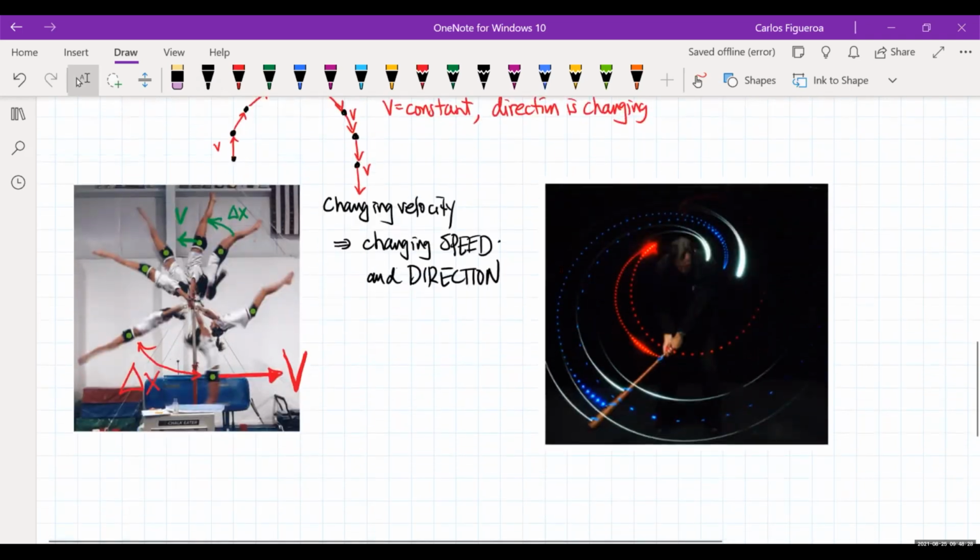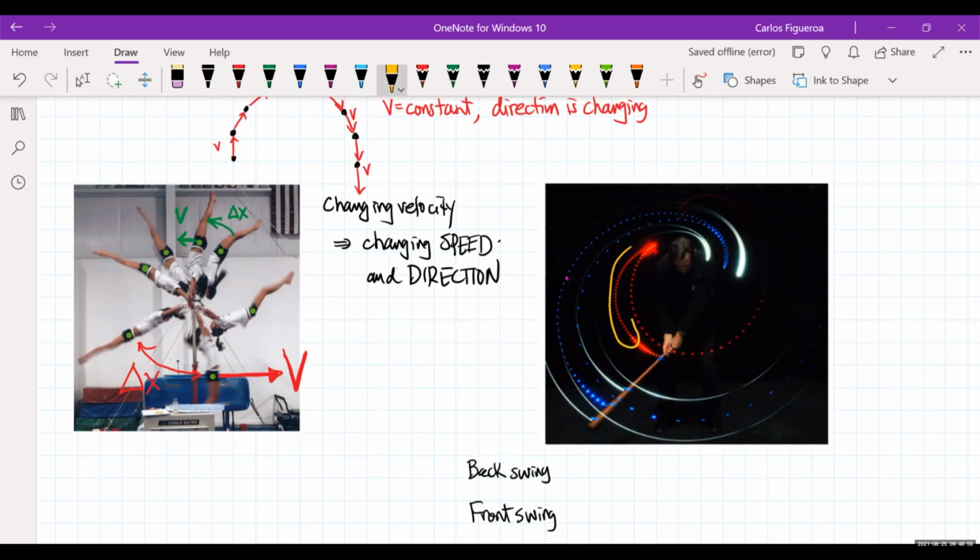What you're seeing here is that we want to analyze the backswing, and then we want to look at the front swing. So this is a bat. Look at the dots for the red flasher. I'm asking you to look at these dots right here. Look at the spacing of these dots.